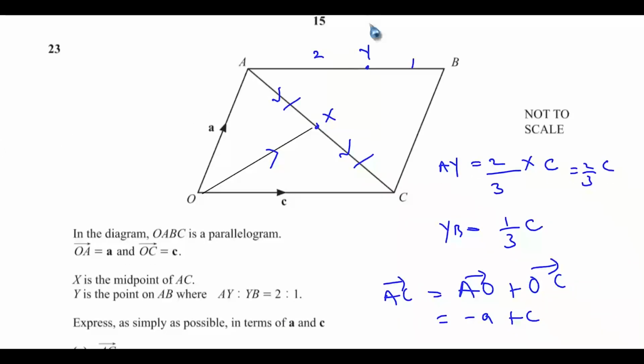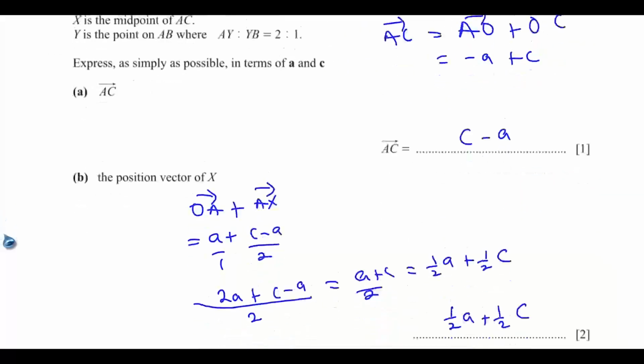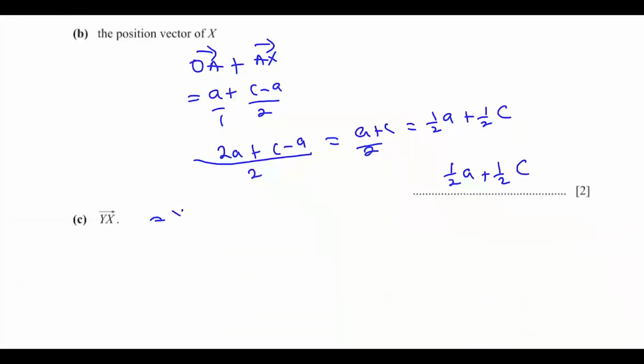So YX will be this one here, and it's moving towards this direction. If you look at it, YX will be YA plus AX. So let's write it here: YA, then plus AX.